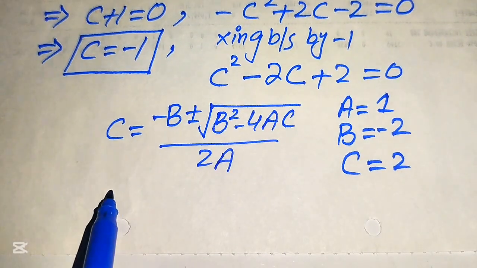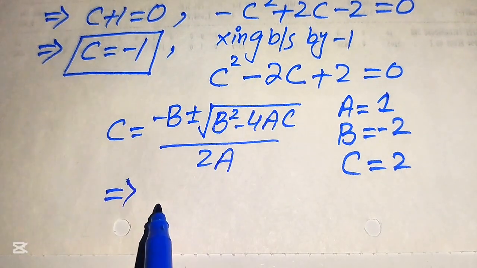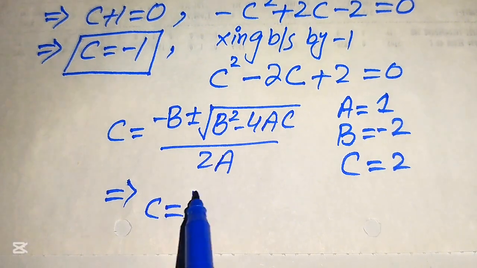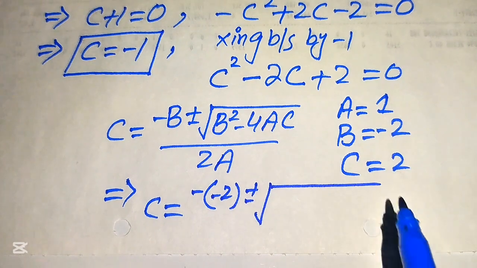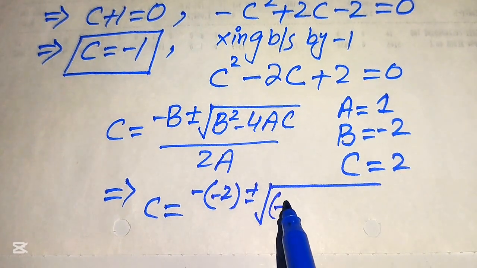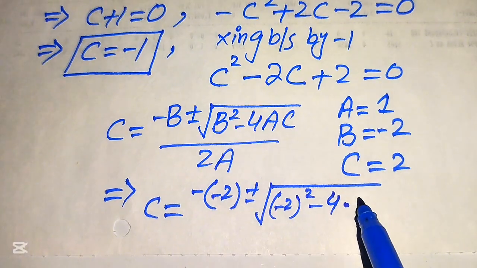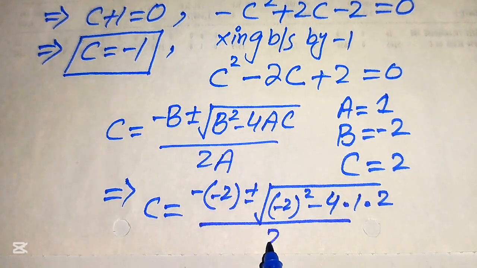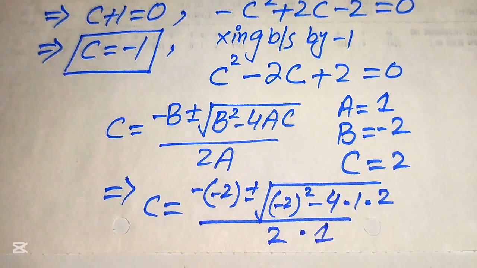So this is our quadratic formula, and now we put the values of A, B and C here, and it will be written as c equals minus B. The value of B is -2, plus minus square root of B square, so -2 square, minus 4 times A which is 1 and C which is 2, and it is divided by 2 times A. So here our A equals 1.